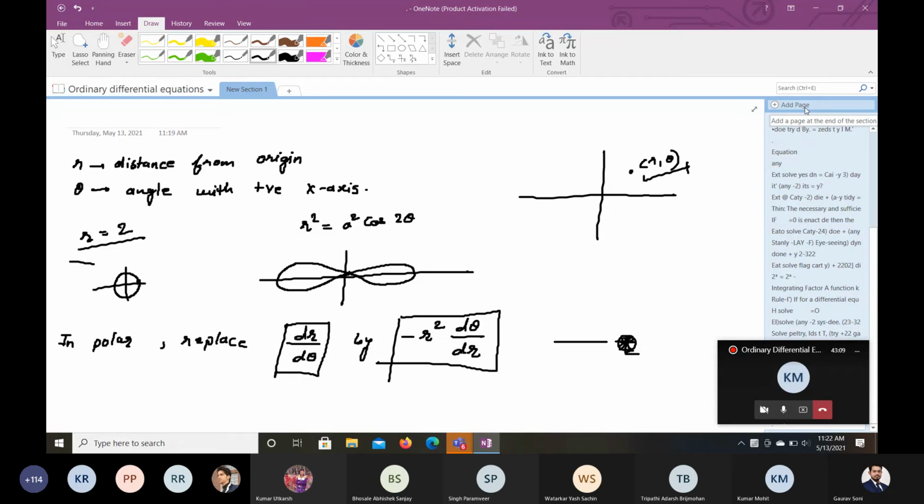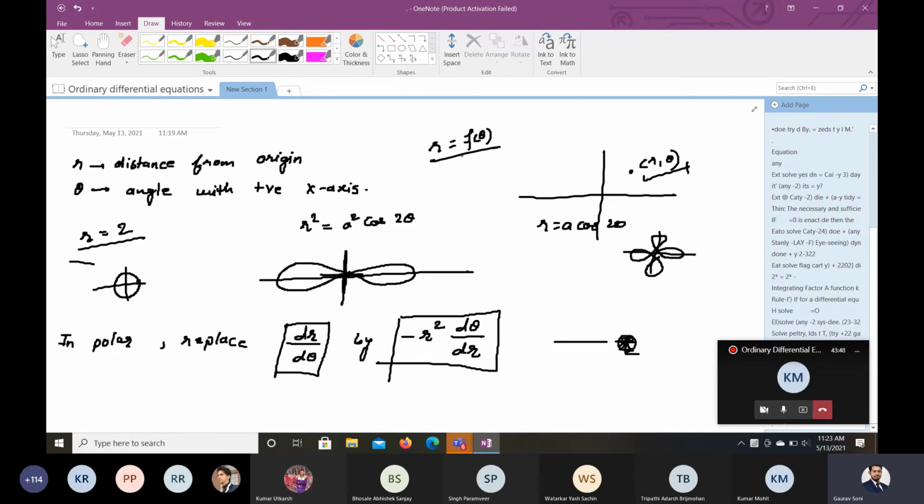Example. Don't get confused about how I drew this curve. In the second module, we'll see how to draw these kinds of curves: r square is equal to a square cos 2 theta. We'll also draw r is equal to a cos of 2 theta. Let me tell you, it looks like this. I just want you to understand that polar equations will look like r is equal to f of theta.